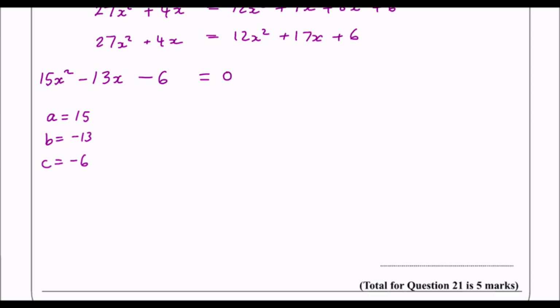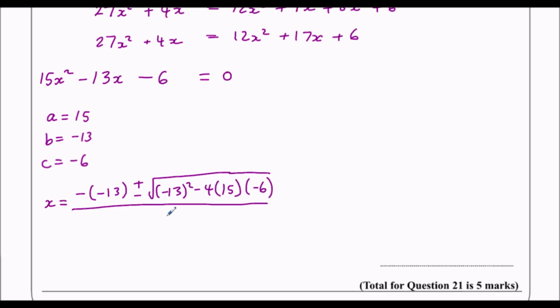So I'll do it both ways. I'll try and factorize it, and I'll use the quadratic formula. So x is equal, for the quadratic formula, to negative b plus or minus the square root of b squared minus 4ac, all over 2a, 2 times 15.